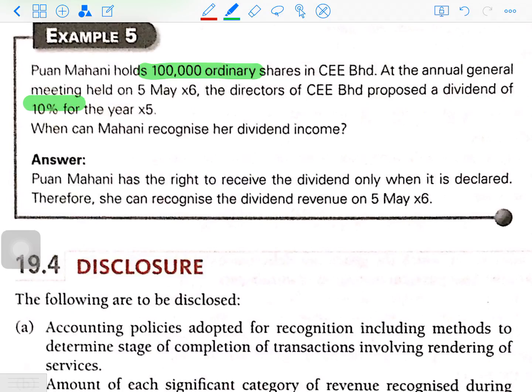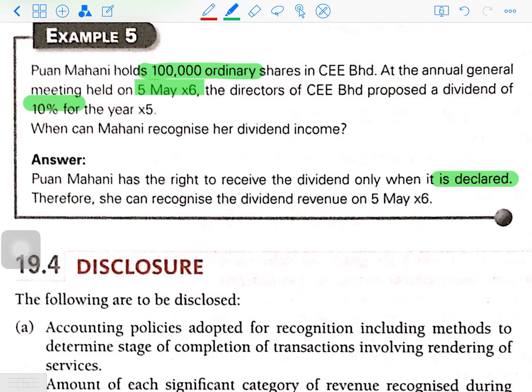When can Mahani recognize her dividend income? The right to receive is when the dividend is declared. When the dividend is declared is the right to receive. When is that?